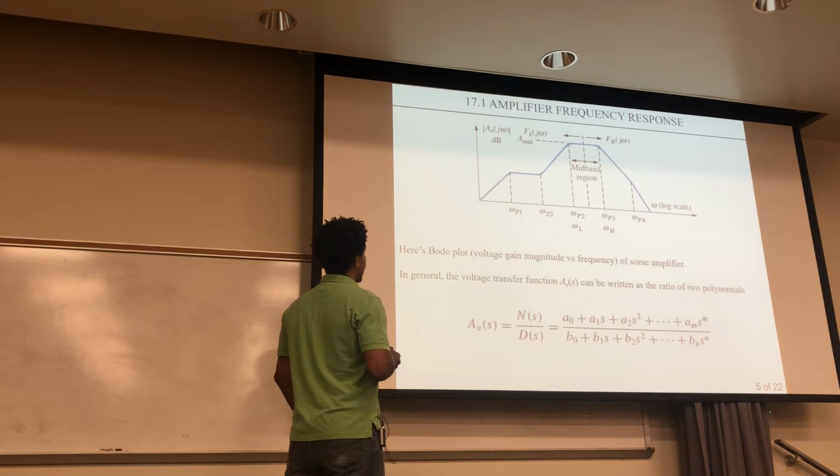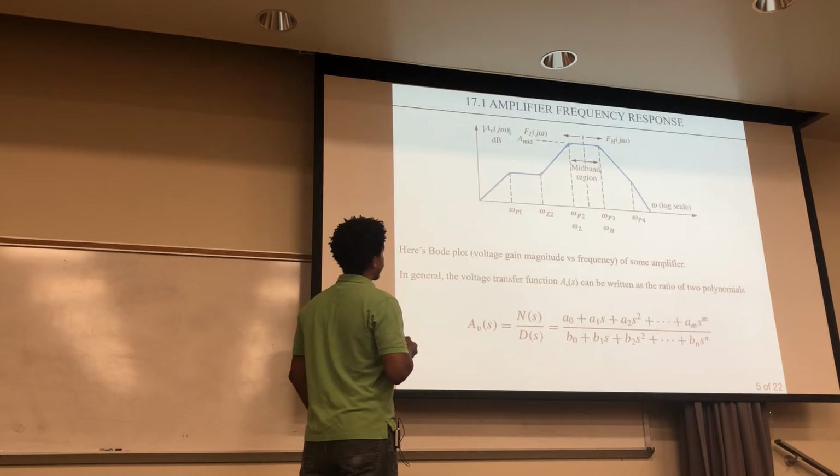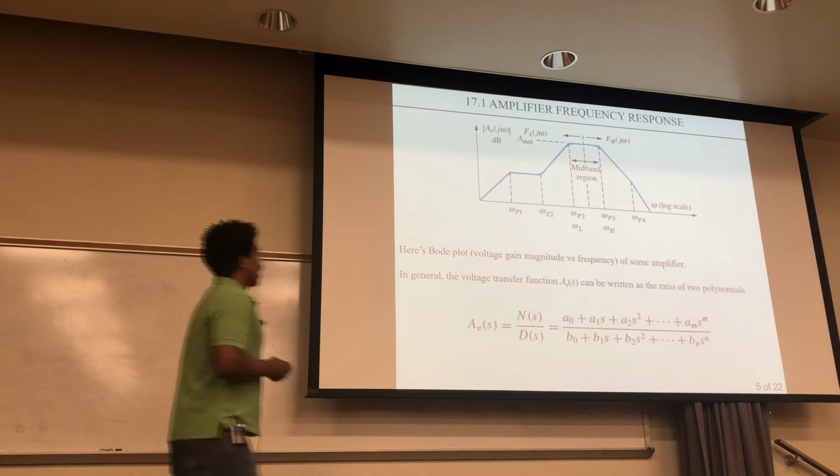What we'll find is that the WPs here, here, here, and here are the poles, and the zeros are right here and also right here.